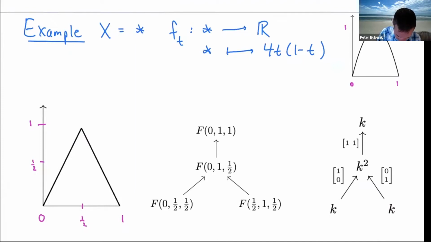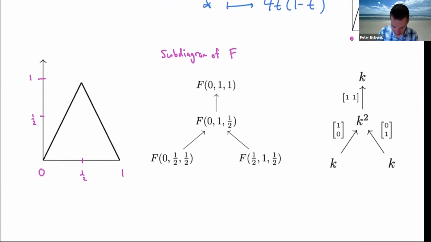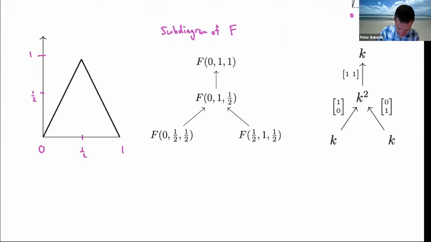This here is a subdiagram of F. I've picked 4 combinations of A, B, and C. And let's look at this one here.